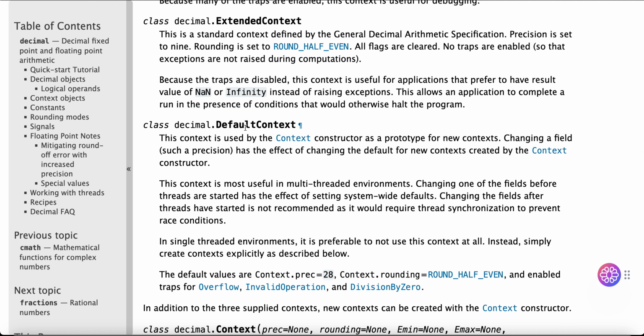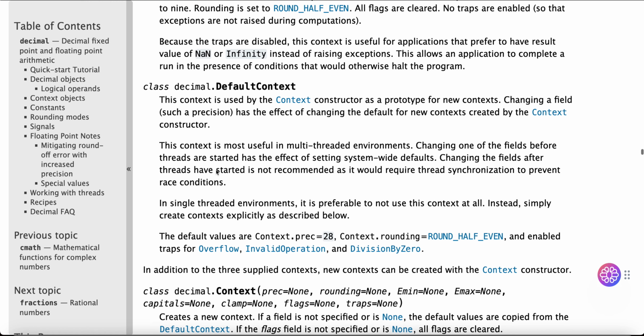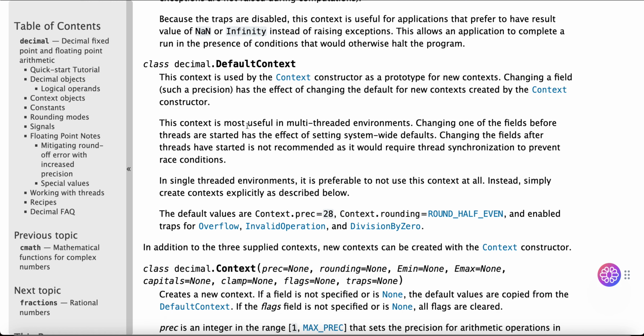Class decimal.DefaultContext. This context is used by the Context constructor as a prototype for new contexts. Changing a field such as precision has the effect of changing the default for new contexts created by the Context constructor. This context is most useful in multi-threaded environments. Changing one of the fields before threads are started has the effect of setting system-wide defaults.